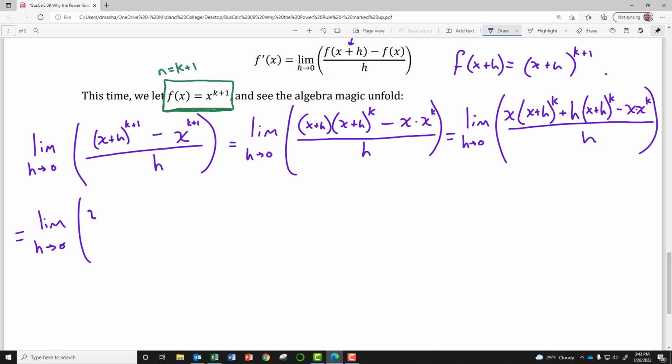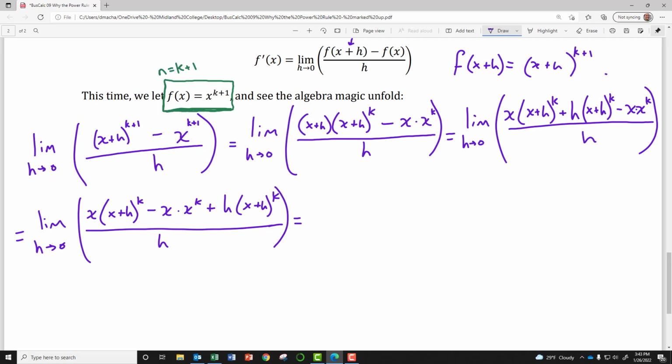So I have x times (x plus h) to the power k, and then I'll put the third term second, so minus x times x to the power k, and then plus h times (x plus h) to the power k. So you notice no math happening in this step, just some rearranging of my numerator.